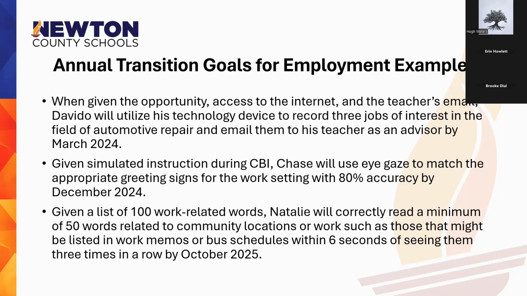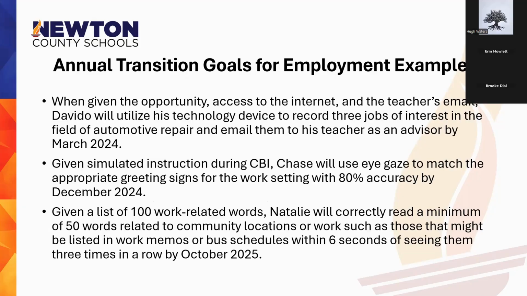All right. Now, here are some actual examples of employment goals that you may see. One: when given the opportunity, access to the internet, and the teacher's email, David will utilize his technology device to record 3 jobs of interest in the field of automotive repair, and then email them to his teacher as an advisor by 2024.